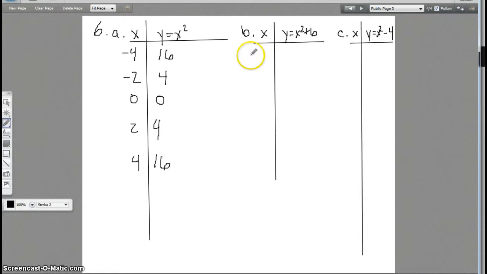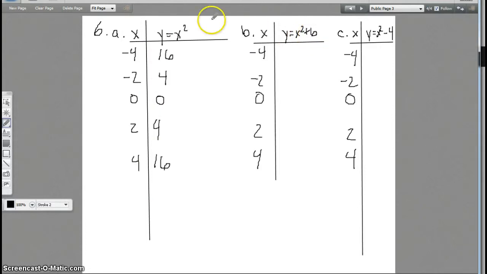So now I'm going to use these same values of x for my other two equations. I have negative 4, negative 2, 0, 2, and 4. So I'm going to use the same values of x each time. Now remember, for graph A, we just did x squared. Graph B is x squared plus 6.